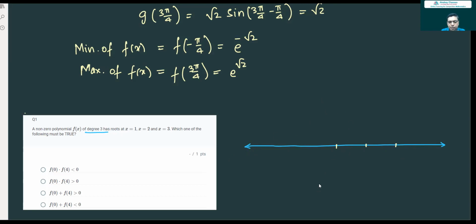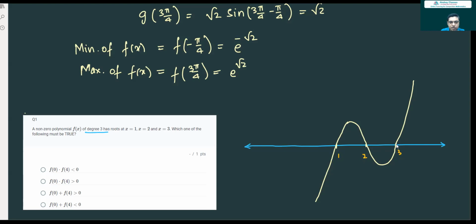If the coefficient of x cube is positive, we will get a curve like this. A cubic polynomial will have a curve like this. Now these are points 1, 2, and 3.